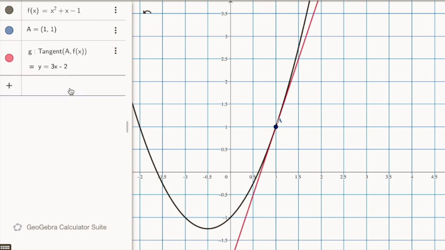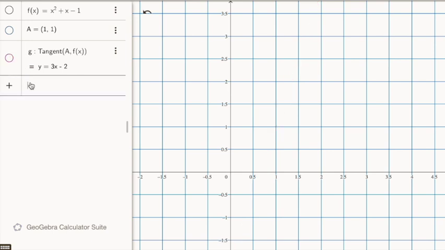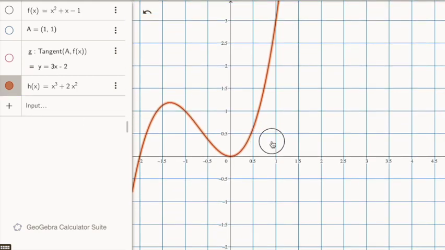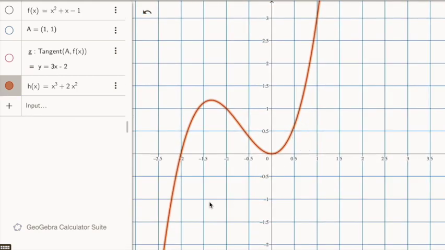Let's try another one. I'm going to clear that out. Let's do x to the third plus 2x squared, and let's say I want to find the tangent line at, let's say, negative 1.5.